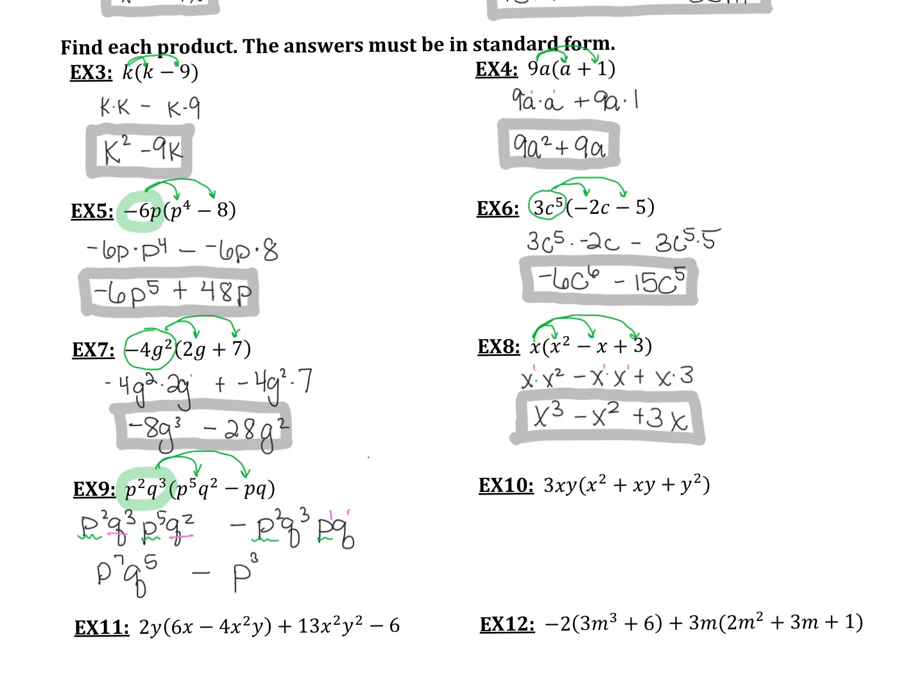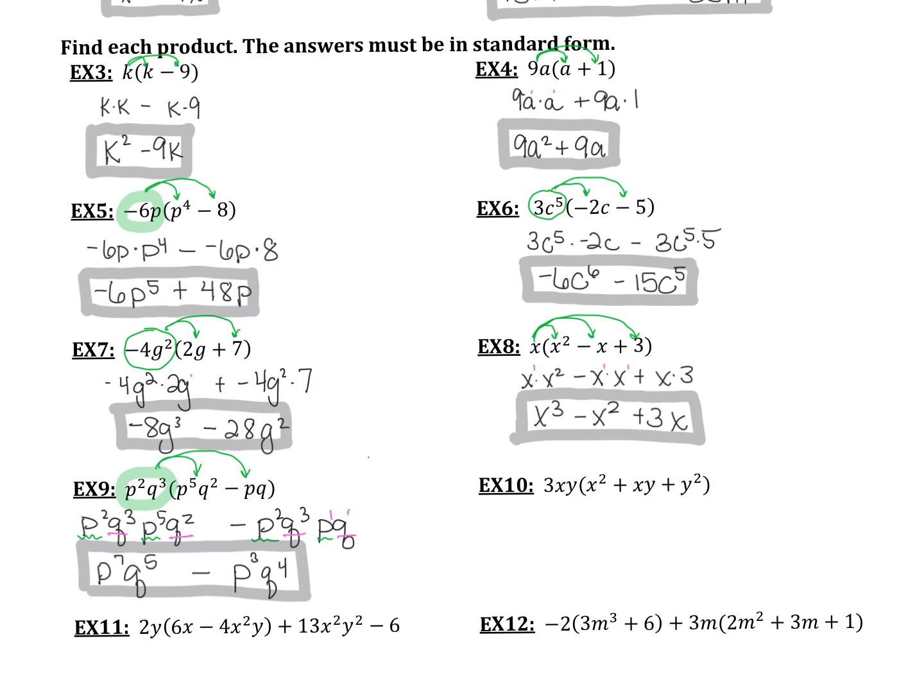And then with my q's, I have a q to the 4th. The only way I can combine these, the only way I can subtract these, is if my exponents are the exact same. I would need another p to the 7th, q to the 5th. Well, that's not what I have. I have a p to the 3rd and q to the 4th, but I can't get that over here. So there's no way that this can be simplified anymore.